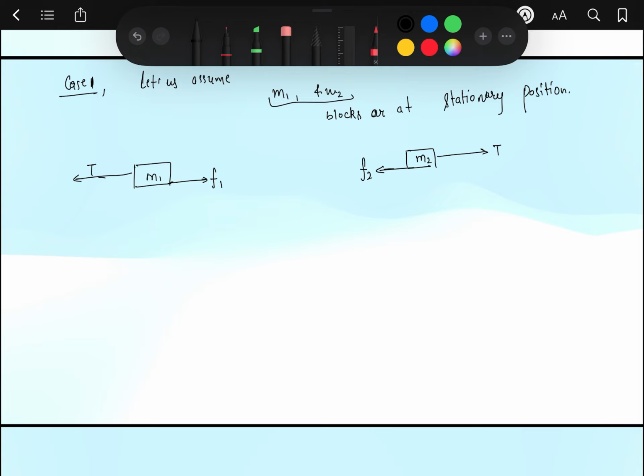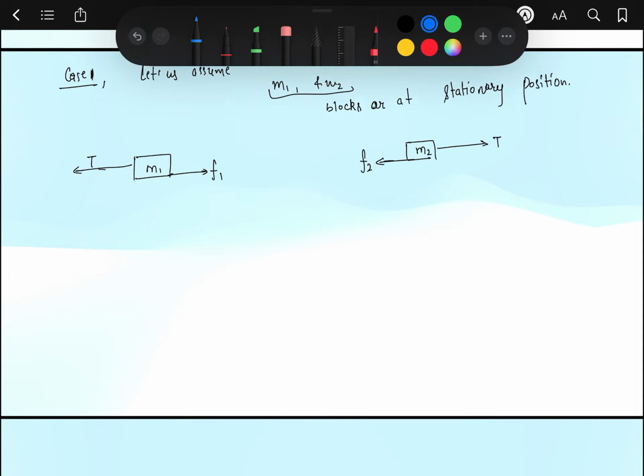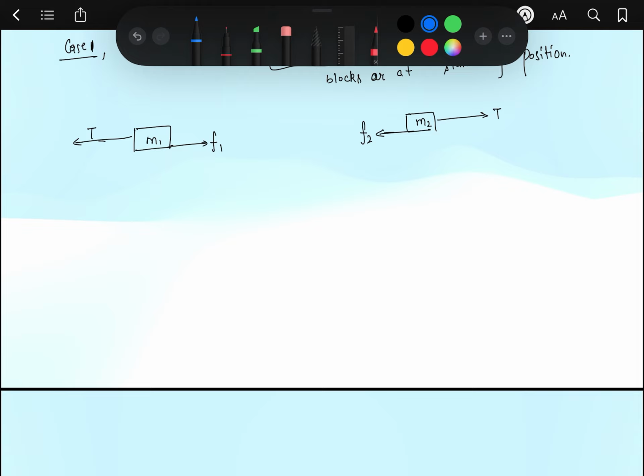So in case 1 we have supposed that both blocks m1 and m2 are in stationary position. What is that stationary position? This case is only possible when the tension force is less than or equal to F1 max, because this is only the static condition.